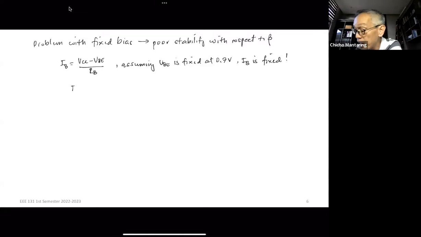Now, I sub C is equal to beta times I sub B. And take note now that I sub C is sensitive or is reliant on beta. I sub C is heavily reliant on beta. If beta changes, IC changes. Now it just so happens that beta varies from transistor to transistor.